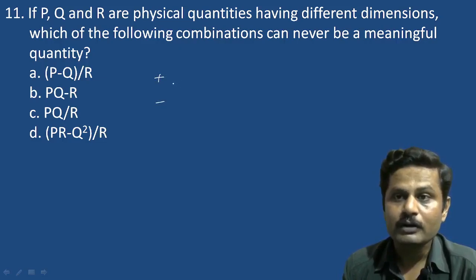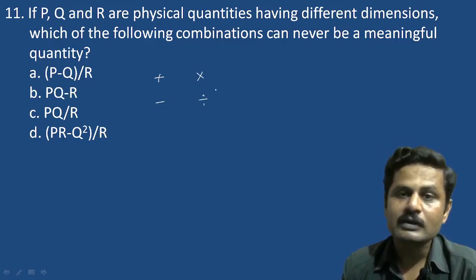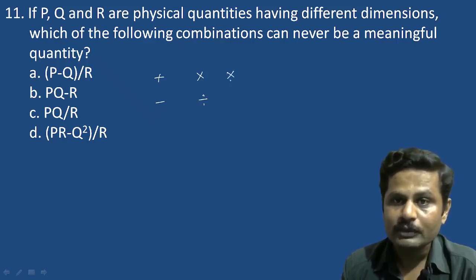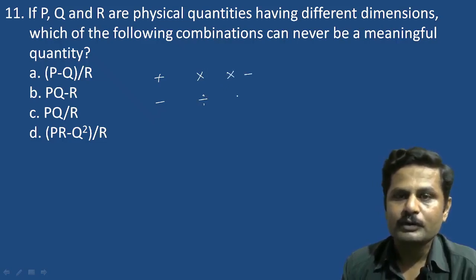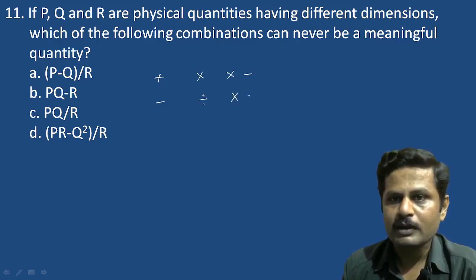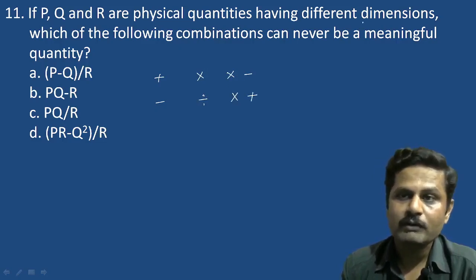That will give a meaningless physical quantity. Whereas the multiplication and division of two physical quantities which have different dimensions is possible. Not only that, multiplication combined with subtraction or addition is also allowed between two quantities having different dimensions.